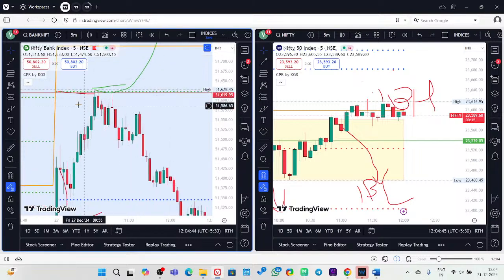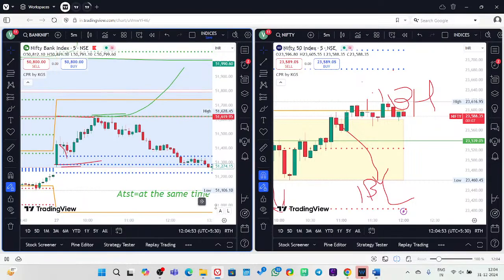Now this is the highly profitable trade location. Red means we have to be bearish here. See here there is a good movement from here till here.